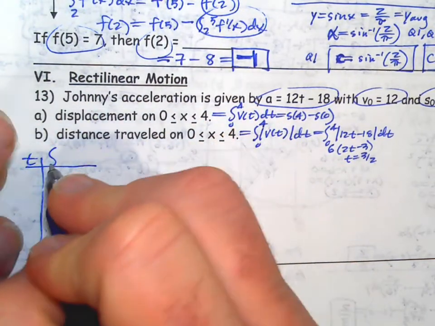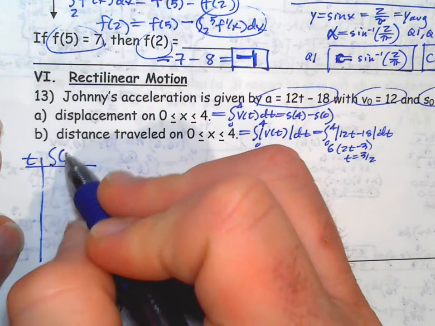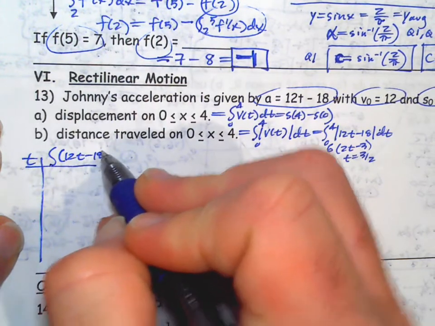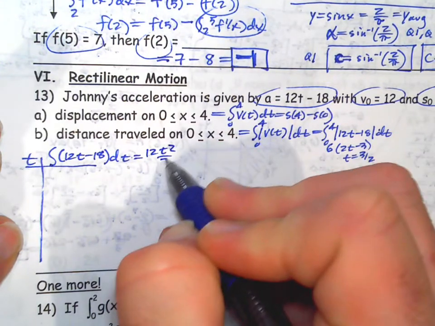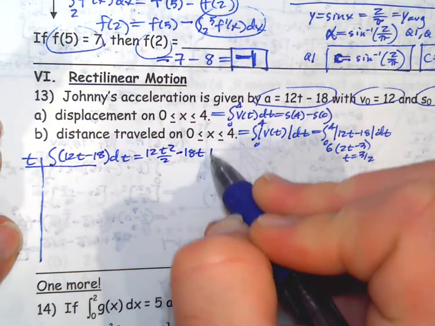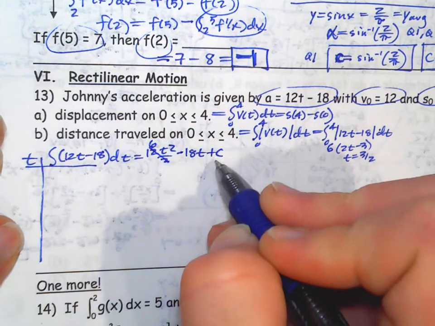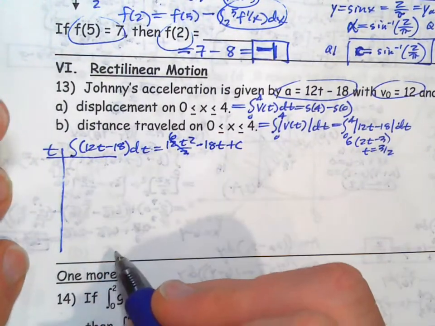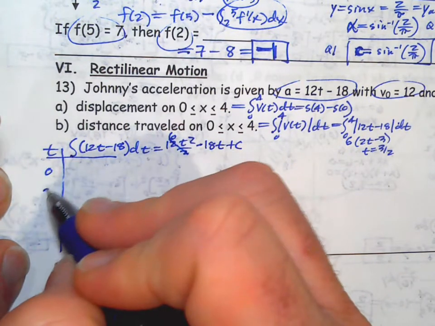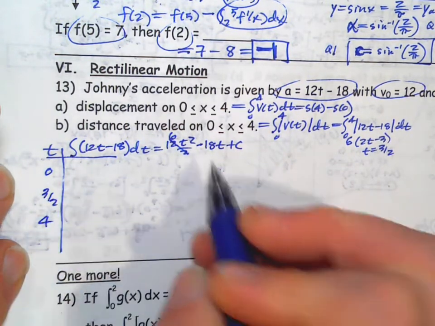The integral of 12t minus 18 gives you 12t squared over 2 minus 18t plus c. Now, we could find the c value, but it's just not necessary for this problem because every term is going to have the c value. So it's going to be 0, 3 halves, 4. If I plug 0 in here, I get 0.